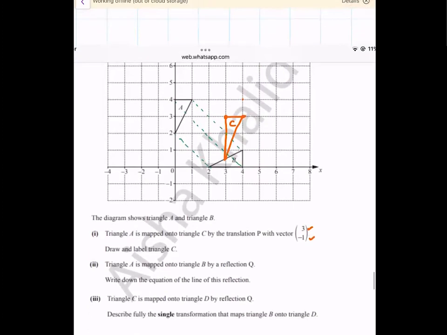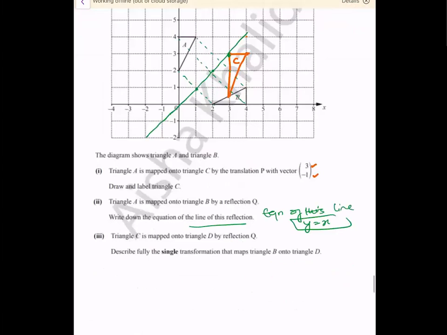Now, how do you identify the line of reflection? Find out the midpoints of these lines. So the line of reflection is going to be this line. Right? Take its example, write down its equation. The equation of this line is y equals x. How? Because 1, 1, 2, 2, 3, 3. So I know that this line is called y equals x.